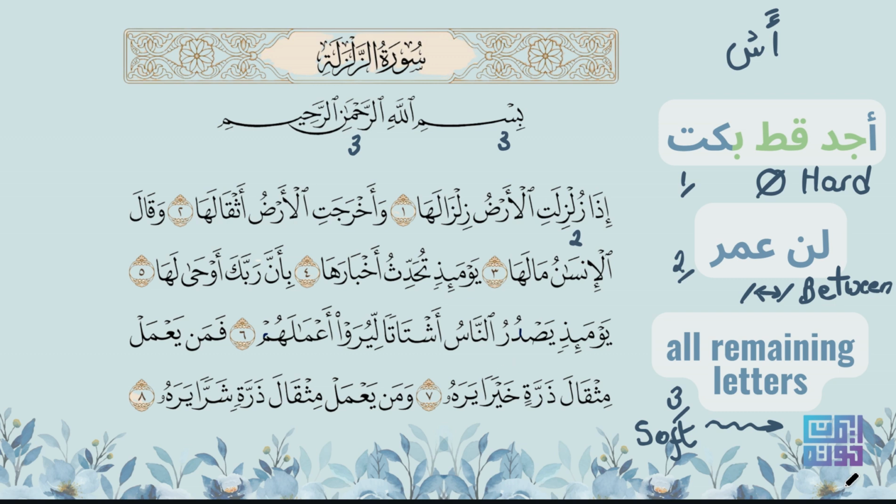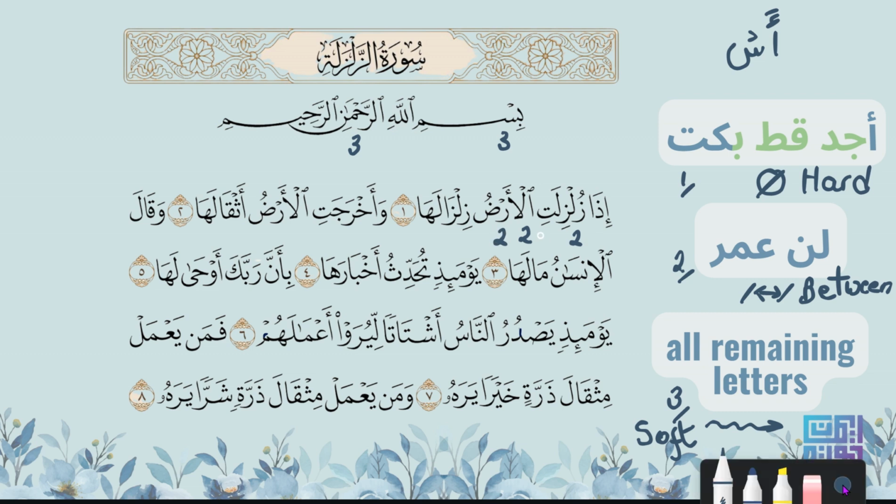So what do we say? إذا زلزلت. We have another lam here. زلزلت الأرض. The ra. Which group does it belong to? It belongs to the second group also.